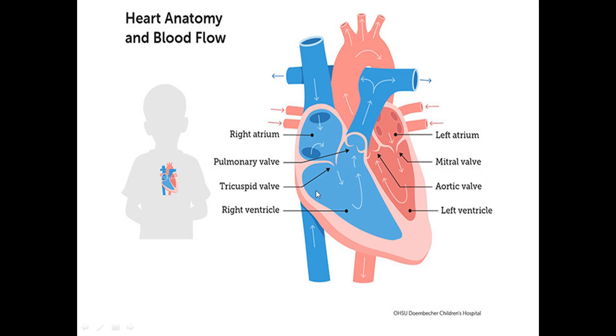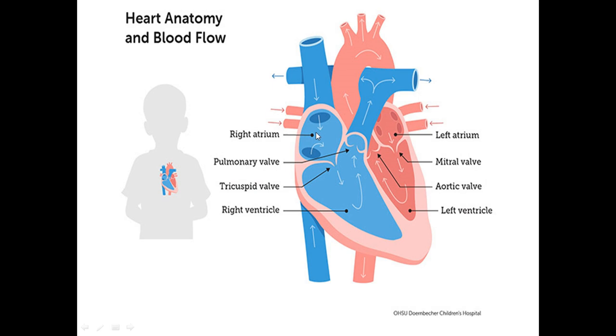Now, connecting the right ventricle to the lungs is another valve we call the pulmonary valve. The blood leaves the right ventricle, the chamber, to the lungs through the pulmonary valve.